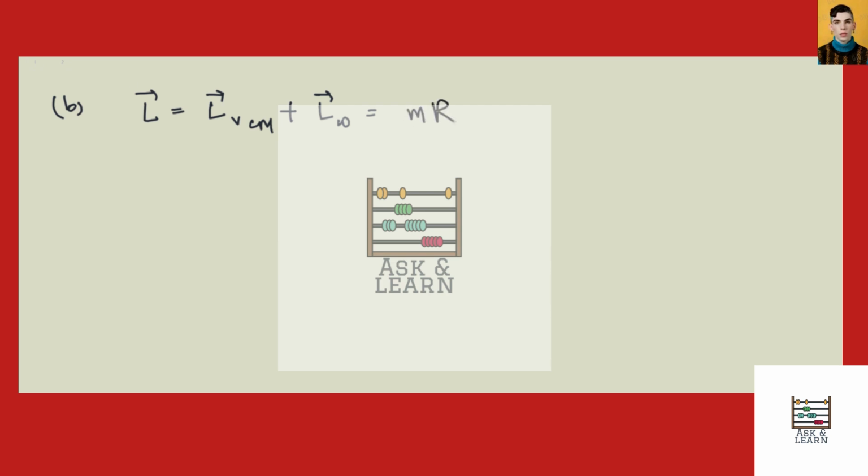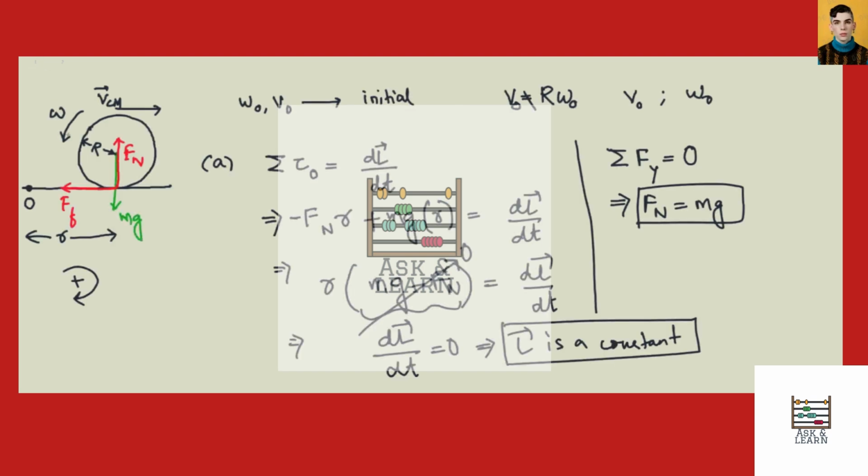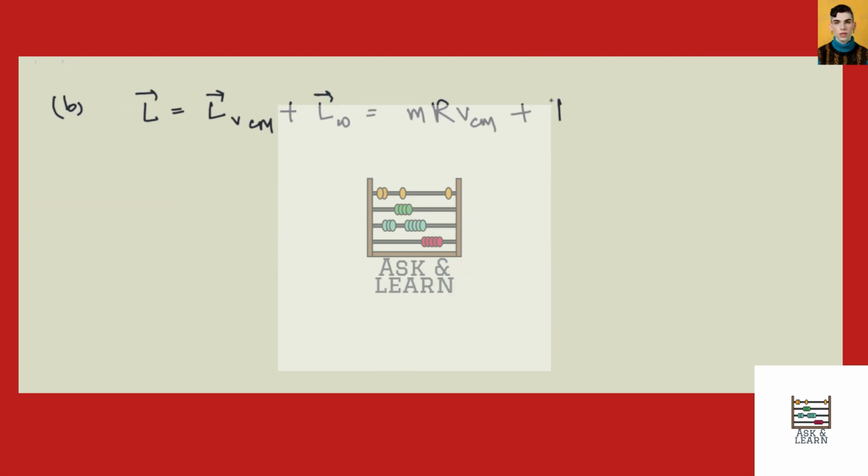So we have mass times the radius times the velocity of center of mass. And the angular momentum of this will be due to the rotational motion of omega. So that will be equal to I times omega.